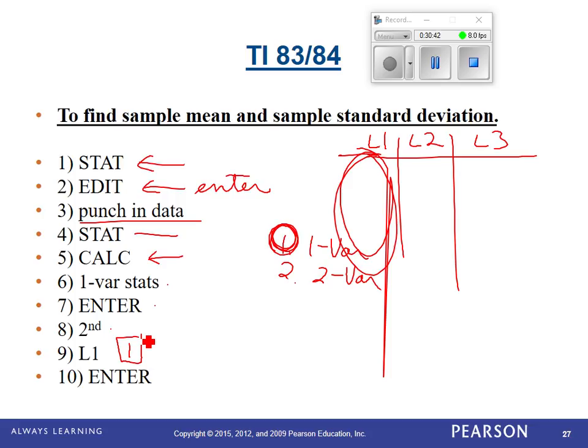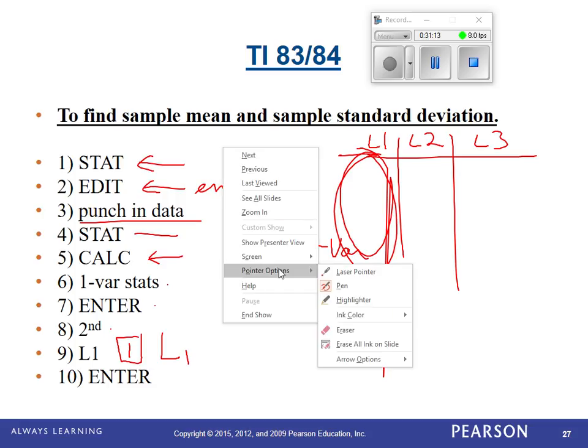So you hit second and then hit the number one, and you'll notice it pops up L1. If you put them in list two, you hit second and then number two. If list three, number three, and so on. It's got L1, L2, L3, all the way up to L6 above the numbers on your keypad. Then you hit enter.